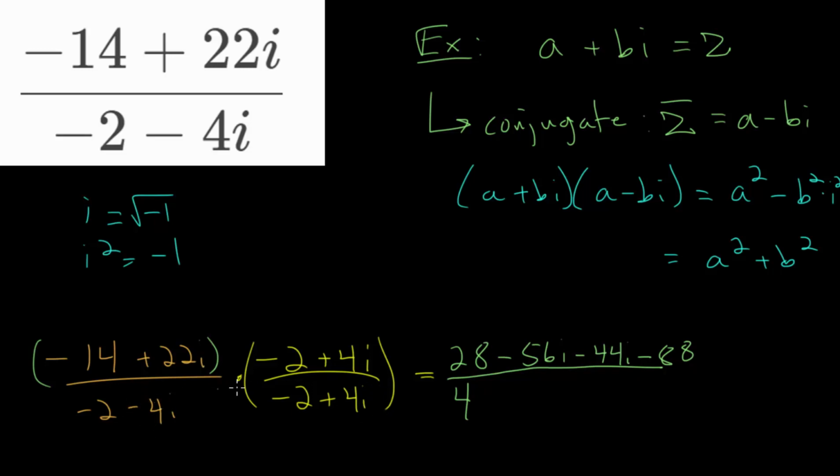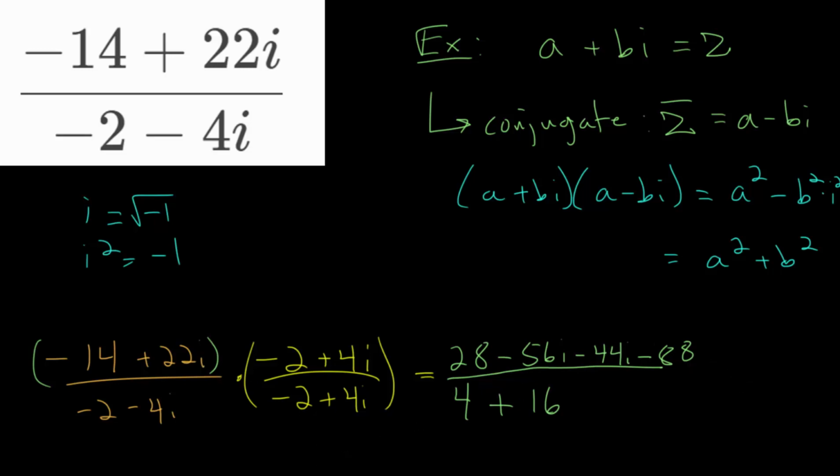Then we have -4i times -2, which is plus 8i. -8i plus 8i is just 0, so those middle terms go away. And we have -4i multiplied by positive 4i, which would be -16i squared. But we know that i squared is -1, so in our denominator, we really just get 4 plus 16.